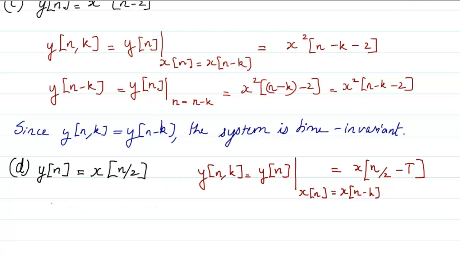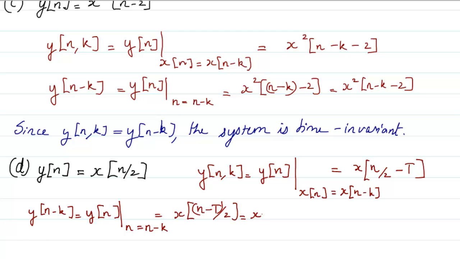Whereas when we calculate y of n minus k, we take y of n, and wherever there is n, we substitute n minus k. There we get x of (n minus k) divided by 2, which is x of n by 2 minus k by 2.